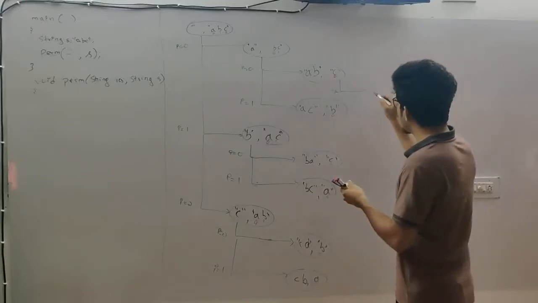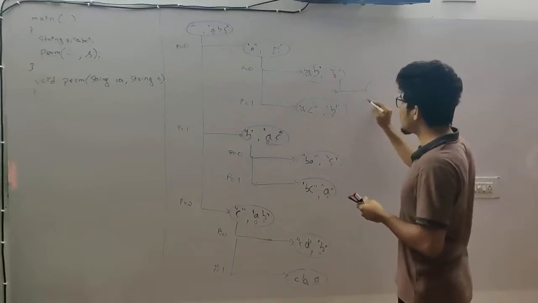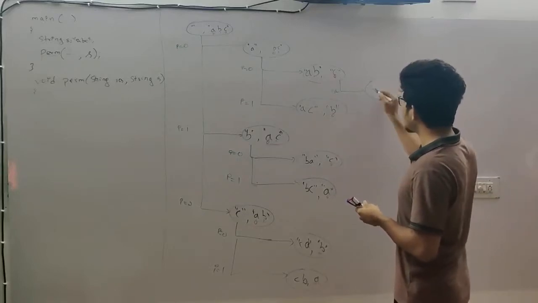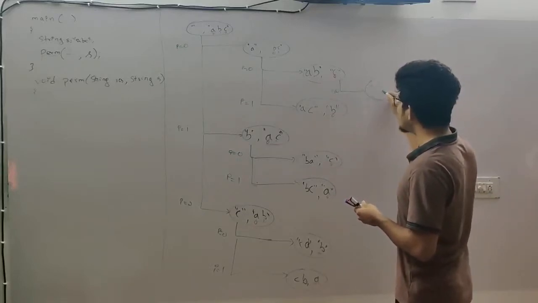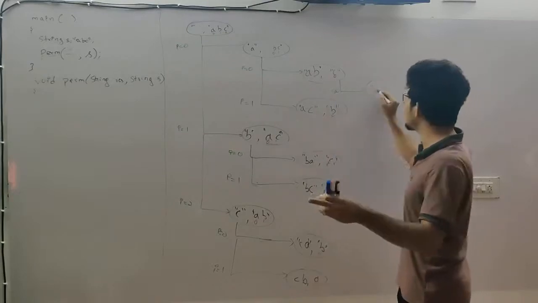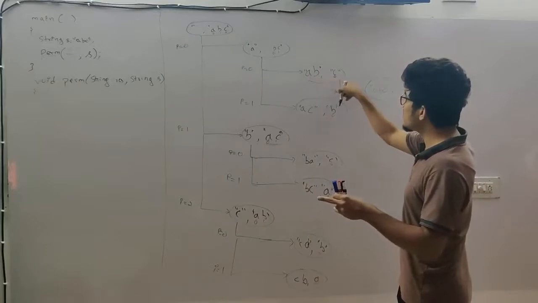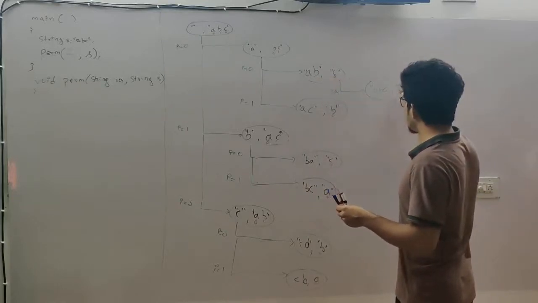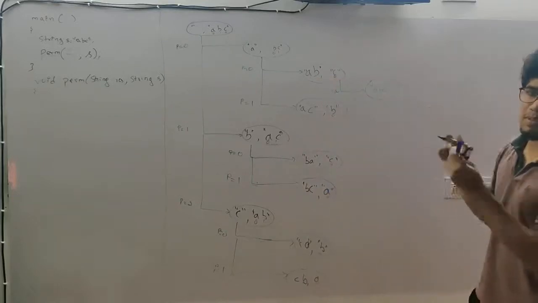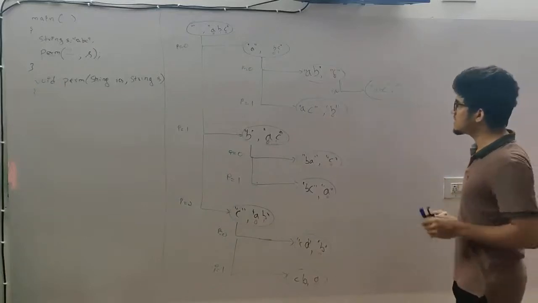So now this is a method call, right? And what's the ith character? C. C is added to the previous result. What's the previous result? A, B. And if you give C, what else is remaining? Empty string is remaining. Yes, one task is done.